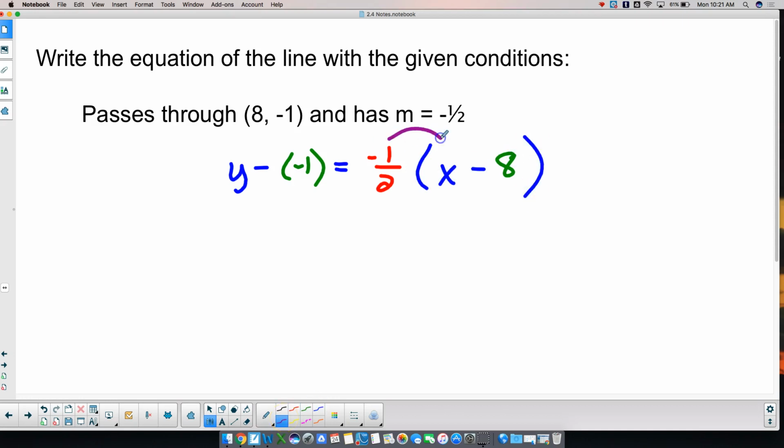Little distributive action there gives me y plus 1 equals negative 1/2 x plus 4.